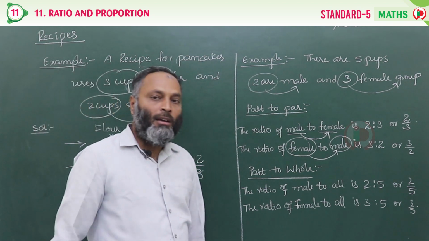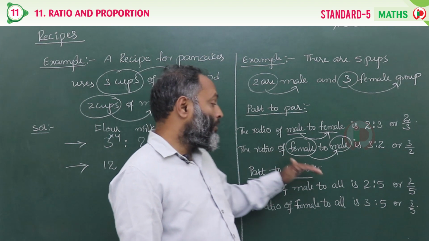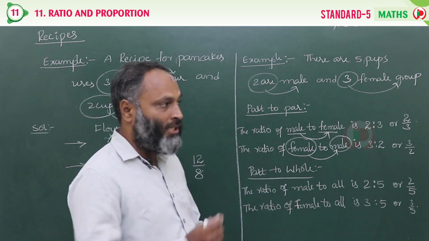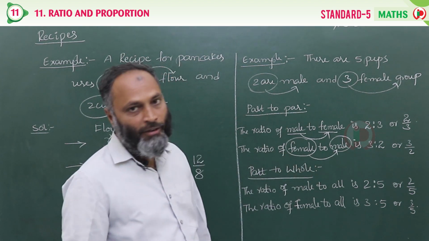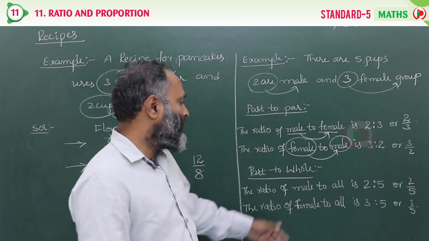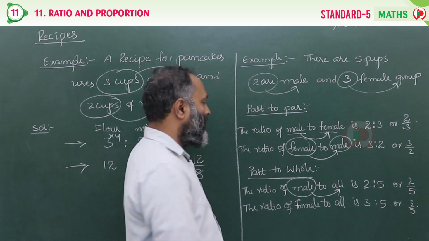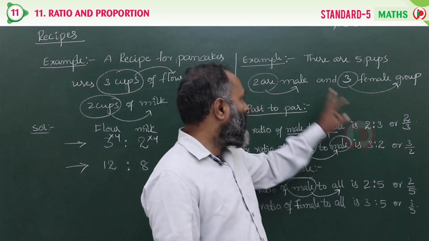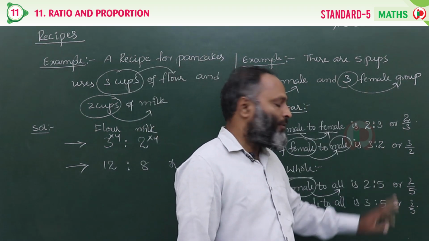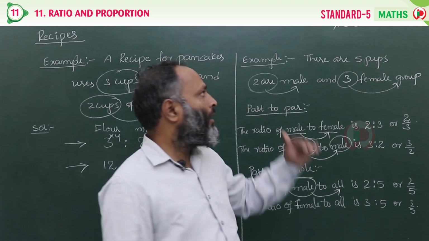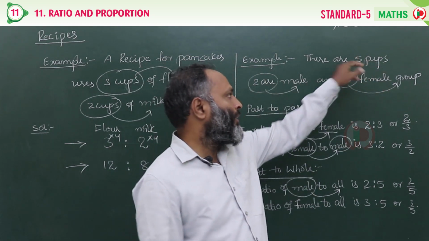Now part to whole, that is, a comparison of a part to the complete. How is it? See here, the ratio of the male to all. Male how many? 2. All means 2 plus 3, 5. All means how many pups we have? The total is 5.